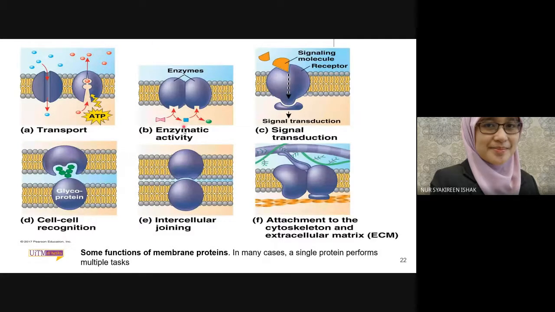Okay, so second, the protein can function as an enzyme. Obviously, because it functions as an enzyme, it has an active site for the substrate to bind to, and the enzyme will catalyze the reaction to produce products, and then this product can be the substrate for another enzyme. Okay, and then you have the actual product that you want.